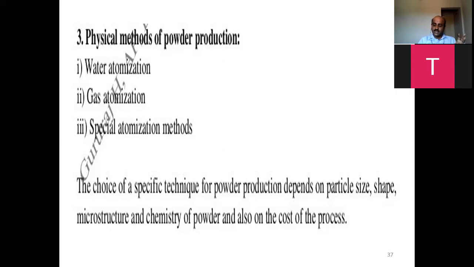One is the particle size: what size of particle we need, what shape, what microstructure the powder is supposed to have, and the chemistry of the powder, how it can combine, react, and blend. There are so many aspects when it comes to chemistry, and ultimately the cost. Cost is also very important. These are the parameters that need to be taken into consideration while choosing any one of these.